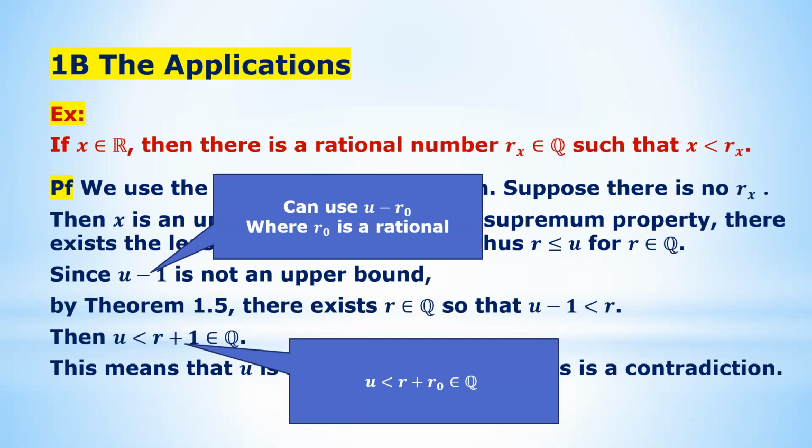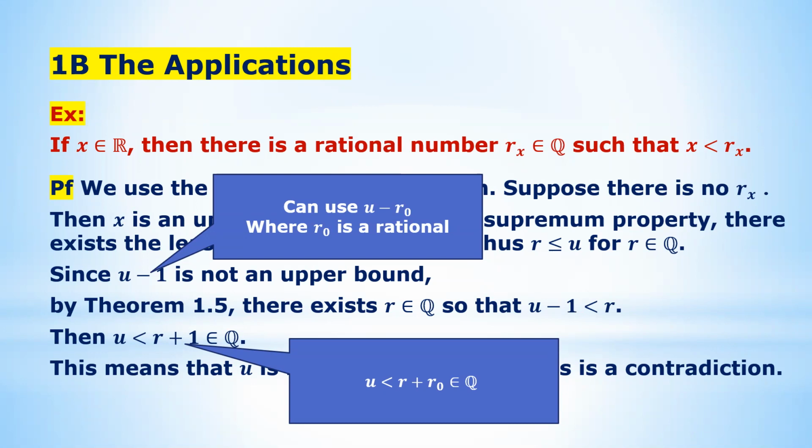So you can see that the same argument works, and for this detail, instead of reducing u by 1, you can reduce by r naught, a rational. So this is a variation of the previous theorem.